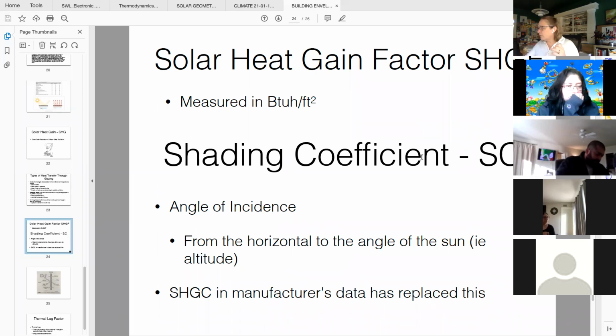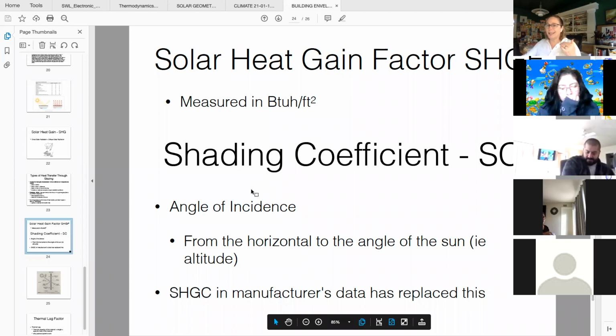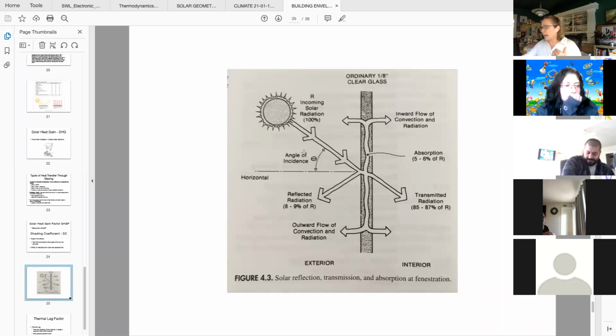The shading coefficient, this used to be part of the manufacturer's data. However, the SHGC has now replaced that. It took into effect what that angle of incidence is, what that sun angle is, and how much radiation would go straight through the glass.